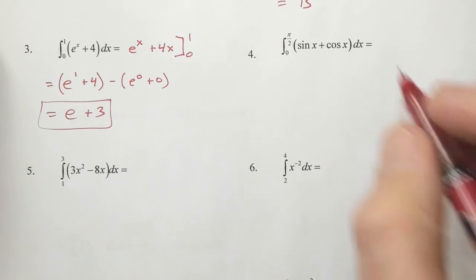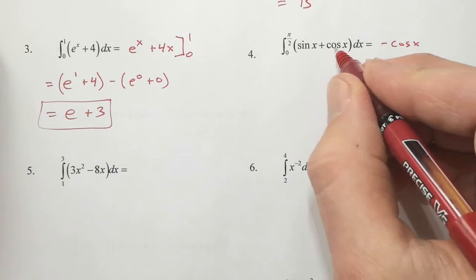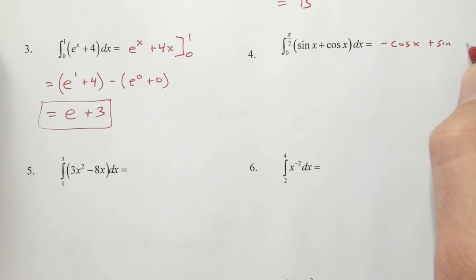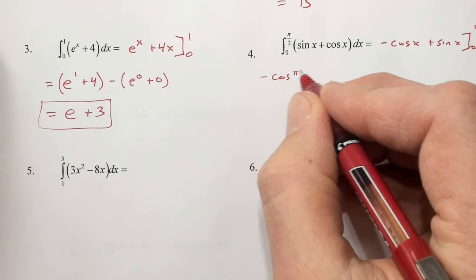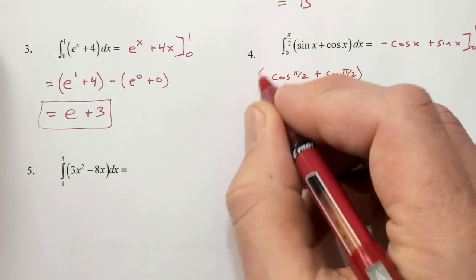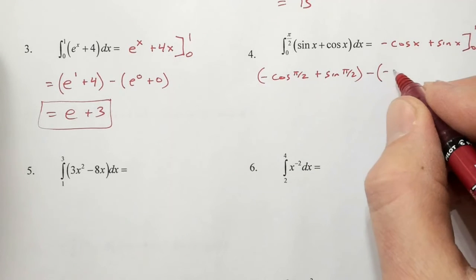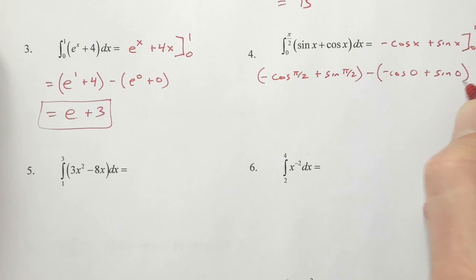With number 4, sine's antiderivative is the opposite of cosine. Cosine's antiderivative is sine, and they're being evaluated from 0 to pi over 2. So you need to know your trig chart. We plug in pi over 2, so we have the opposite of the cosine of pi over 2, plus the sine of pi over 2, and then we're going to subtract the opposite of the cosine of 0 plus the sine of 0.